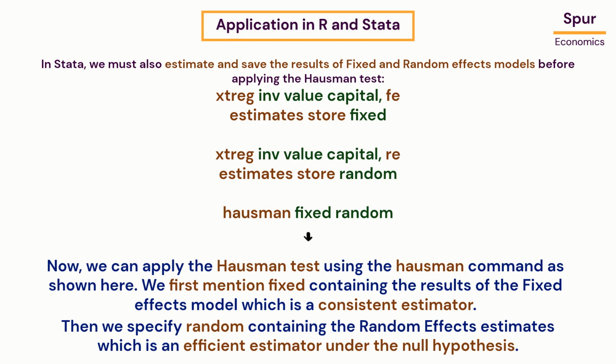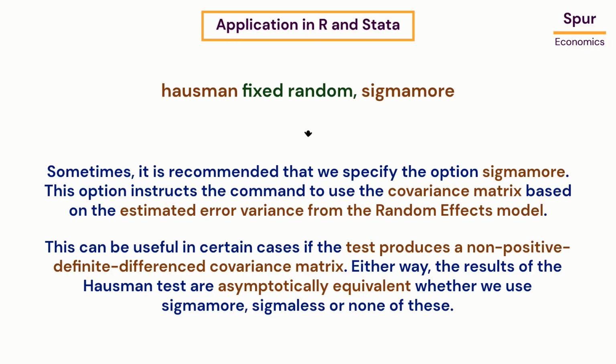Now, we can apply the Hausman test using the hausman command as shown here. We first mention fixed, containing the results of the fixed effects model, which is a consistent estimator. Then we specify random containing the random effects estimates, which is an efficient estimator under the null hypothesis. Sometimes, it is recommended that we specify the option sigmamore.